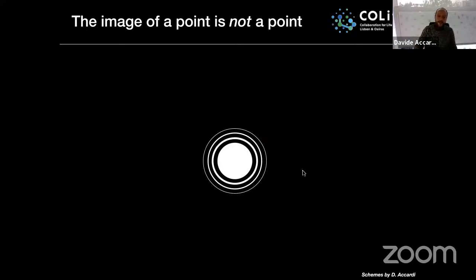The central disk of light is called the Airy disk, and the entire diffraction pattern, the complete thing, is called the point spread function, which is nothing else than the way the light spreads from a point source.